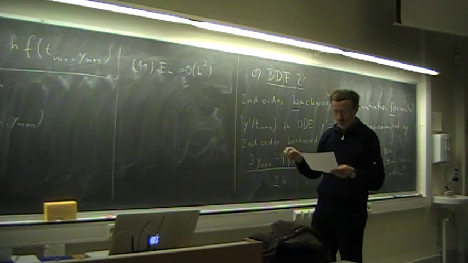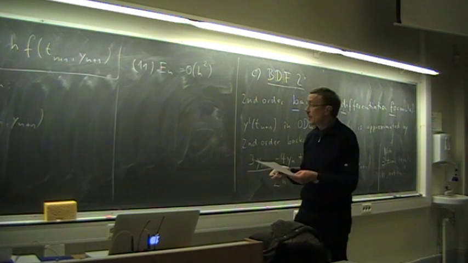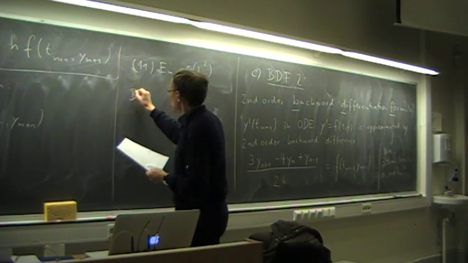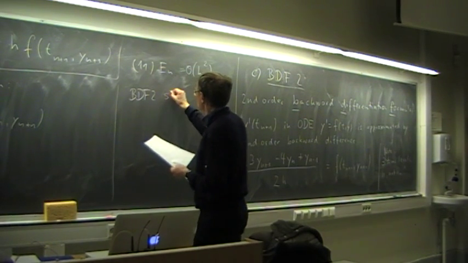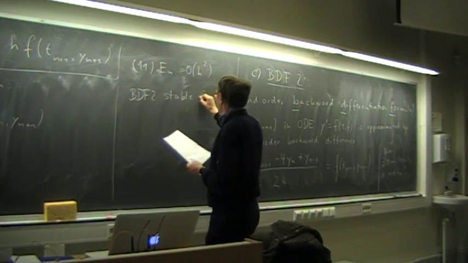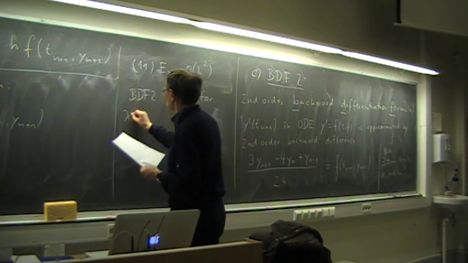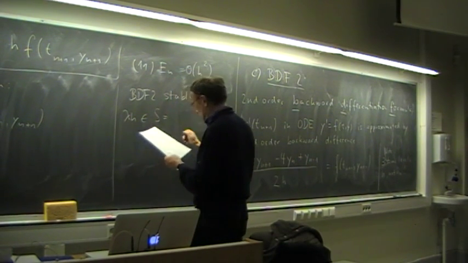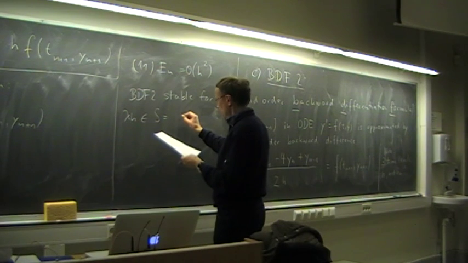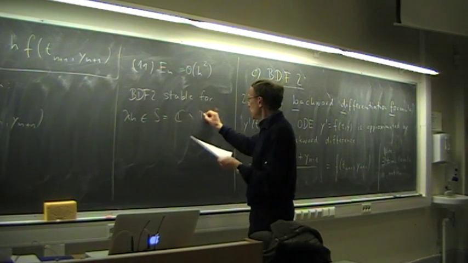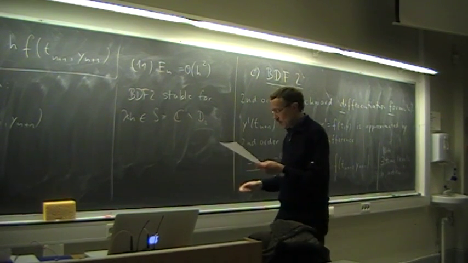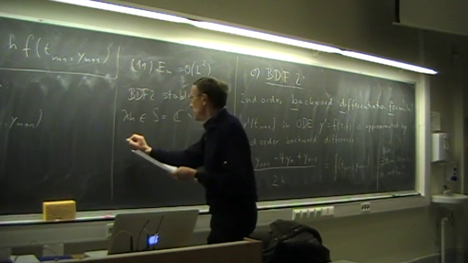We just write the solution regarding the stability domain. It turns out that the BDF2 is stable for lambda h in the stability domain, and that happens to be the complex plane without, I call it D2, the disk 2.